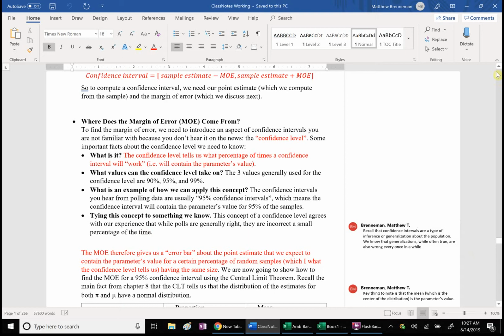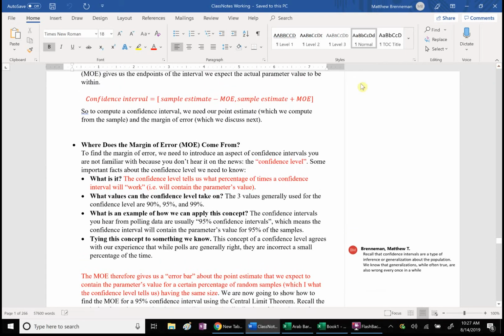This is our general formula. So I need the sample proportion, either from a data set or given to me in the problem, and then I need to compute the margin of error. The real problem when doing a confidence interval is computing the margin of error.